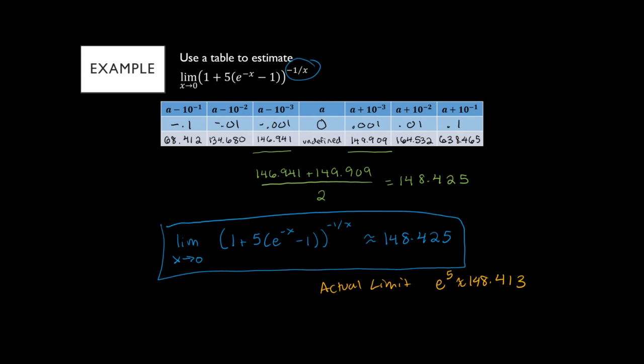The table just gives you an approximate value, and that's why there are other methods. Graphing wouldn't be able to tell you that either. The best method is finding it algebraically, which you learn about in calculus, where you learn all the rules to find the exact limit. But for now, we're just estimating the limit using a table, and that gets us something relatively close, but not exactly there.